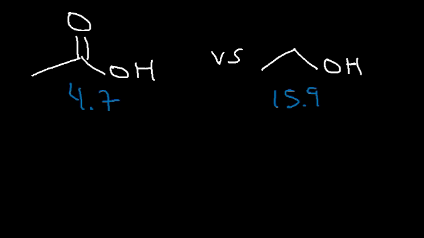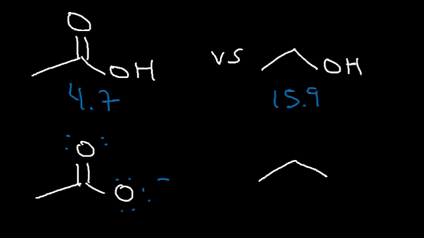So why is it that a carboxylic acid is much more acidic than a typical alcohol, other than the fact that it's called a carboxylic acid? So what you need to do is draw the conjugate base. So just take off the hydrogen. That is the acidic hydrogen. So this is the acetate ion, and the conjugate base of ethanol is ethoxide.